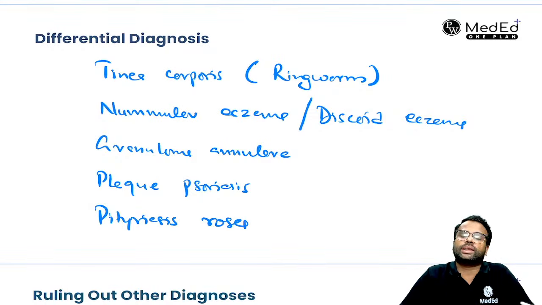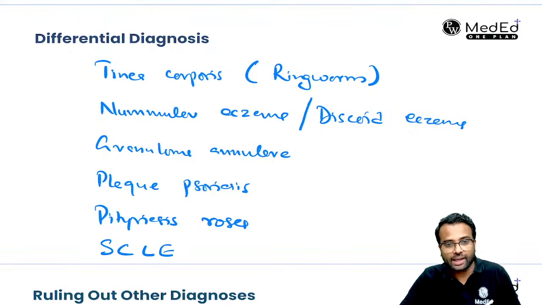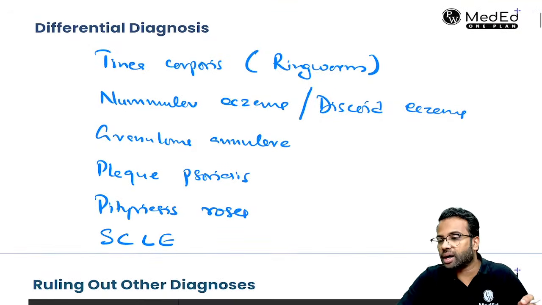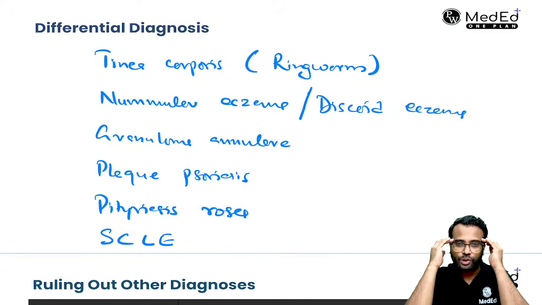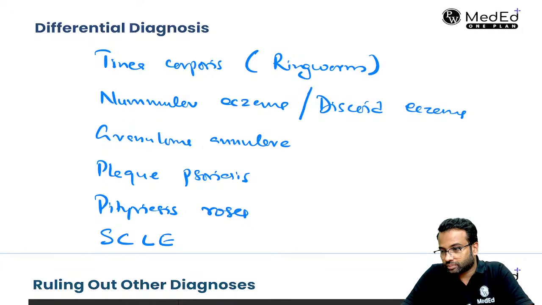And one more thing that comes to mind, annular lesions of some kind of lupus erythematosus, that is called subacute cutaneous lupus erythematosus. So all these are some of the differential diagnoses that come to my mind when I think about a round lesion in the skin.